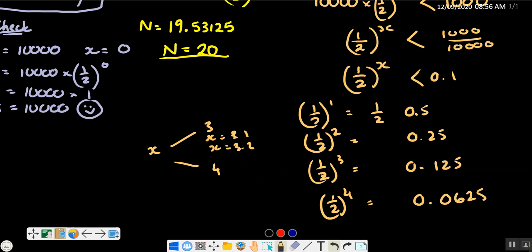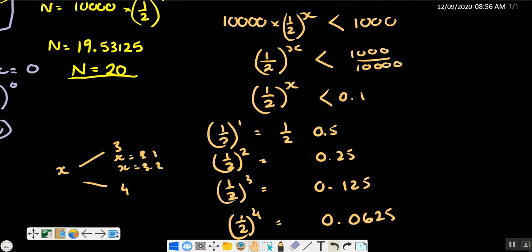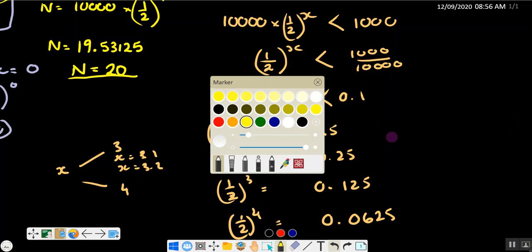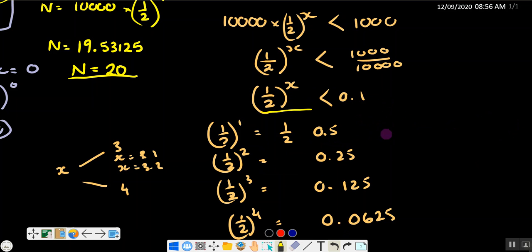Now, if we were going to do it using logarithms, what would we do? Anyone remember? I'd actually say log to the base half of 0.1 equals x. Are you happy with that?